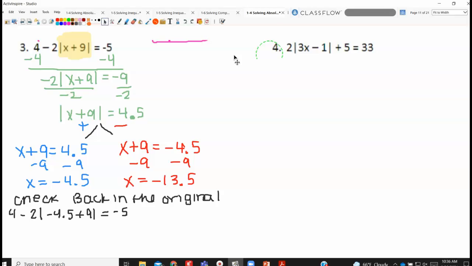So negative 4.5 plus 9 is 4.5. Absolute value of 4.5 is 4.5. So you get 4 minus 2 times 4.5, which is really 4 minus 9. 4 minus 9 is negative 5. So the two sides are equal.